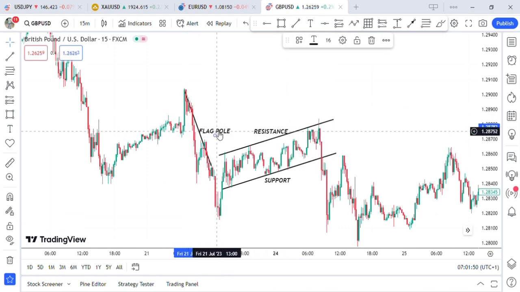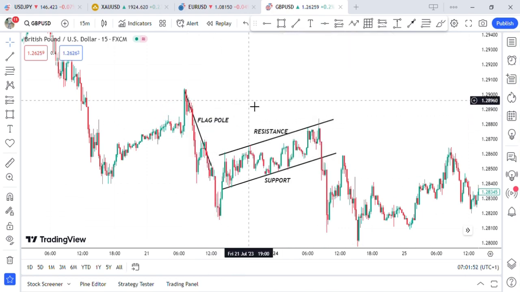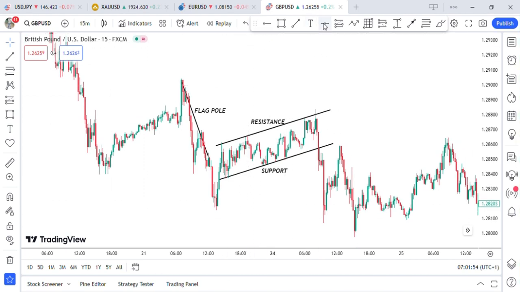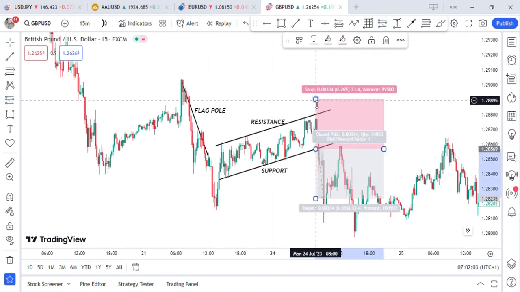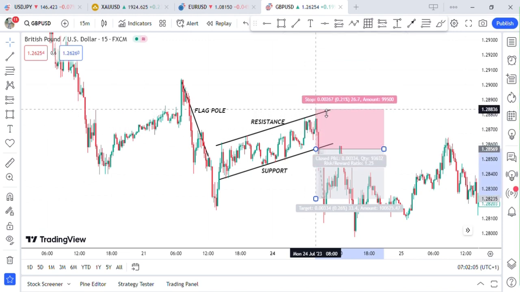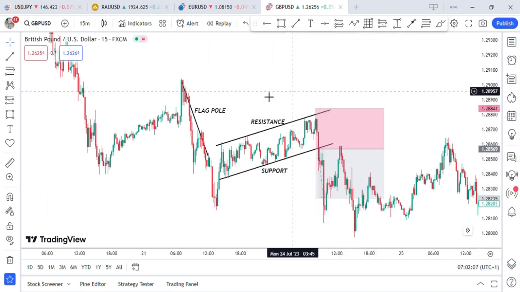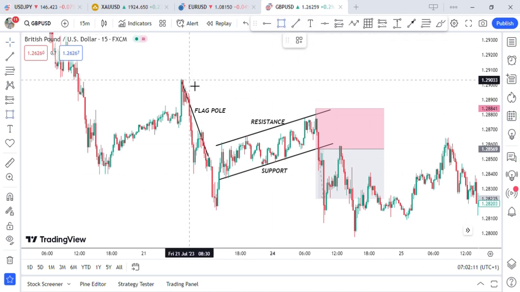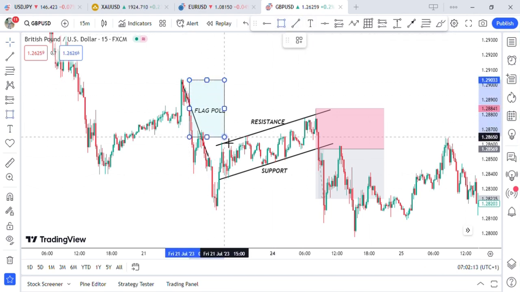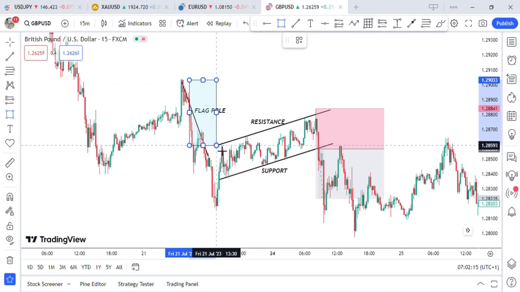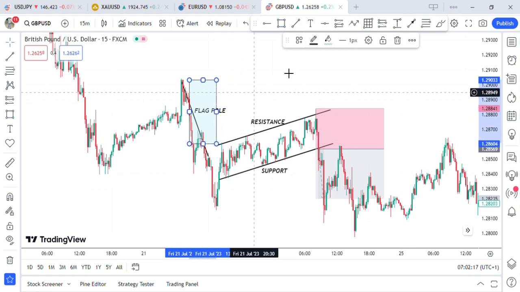After calling this place a flag pole, they will say their entry is here. Every single time there's a breakout, they don't even know the reason why there is a breakout in the market. They will set their entry here, set their stop loss at the previous swing high, and then measure from this pole to the resistance for their take profit, the height of this flag pole to the resistance level.